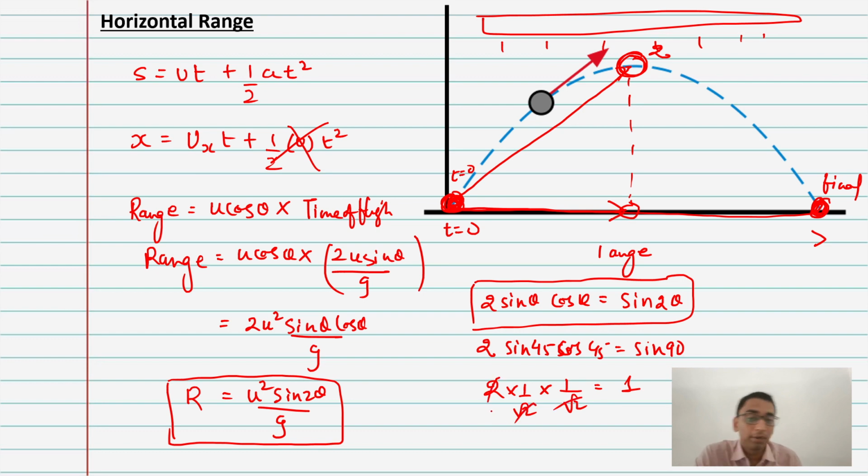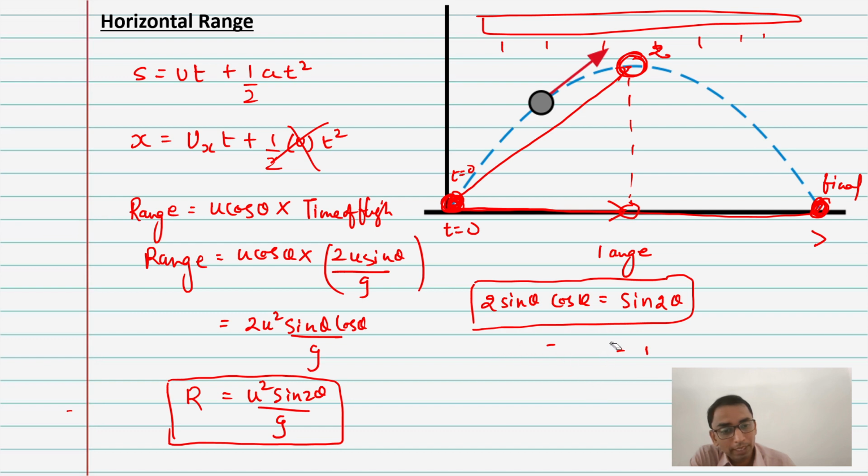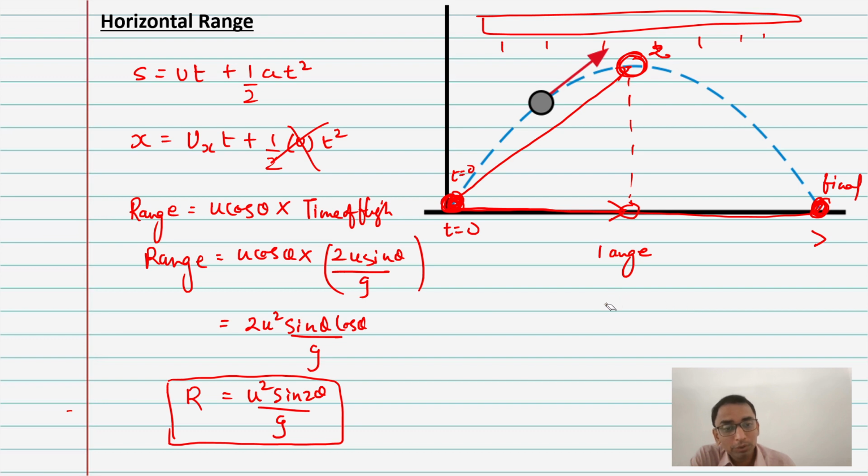Now I just want to make a point that if you want the range to be the maximum, what should be the value of theta? Again, for the range to be maximum, we should have the maximum value of sine 2 theta. You cannot change u, you cannot change g. So sine 2 theta has to be maximum. Sine 2 theta has to be 1.